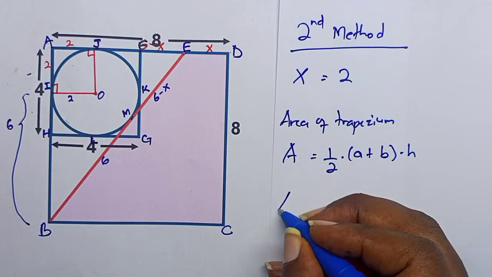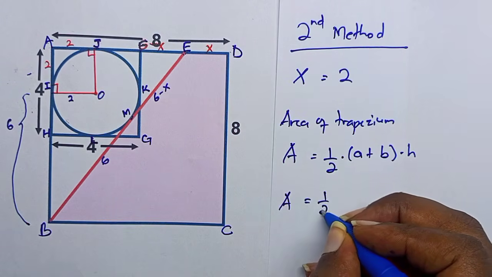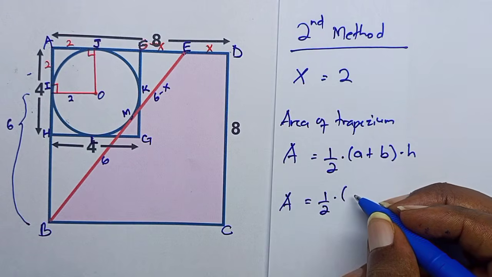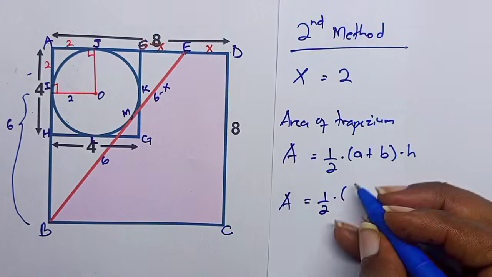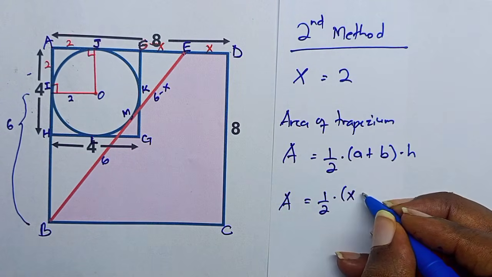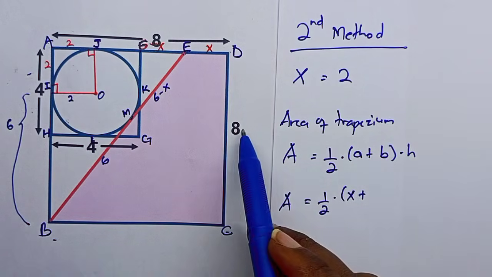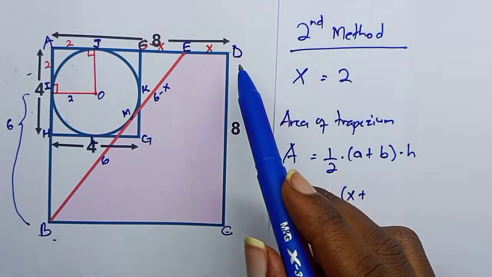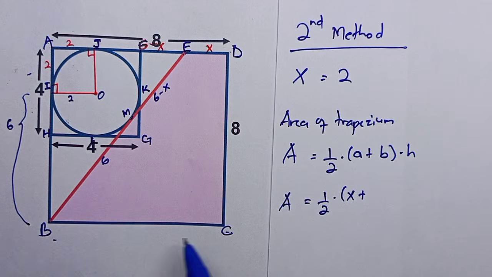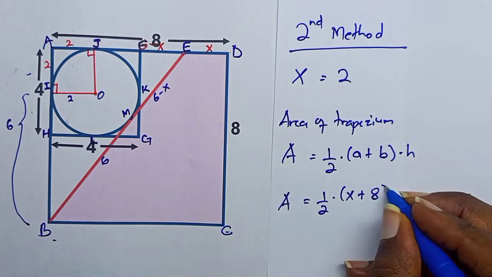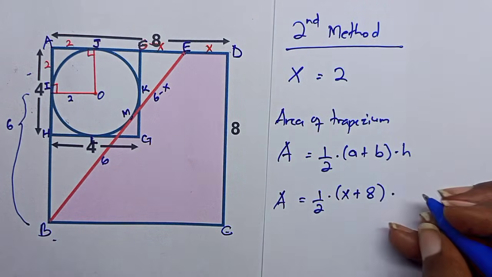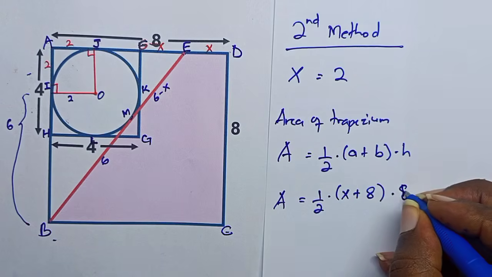Okay, so area is equal to a half times the short side is x. Okay, the long side is BC, which is the side, remember this was a square, so DC is equal to BC, this is 8, times the height is also 8.